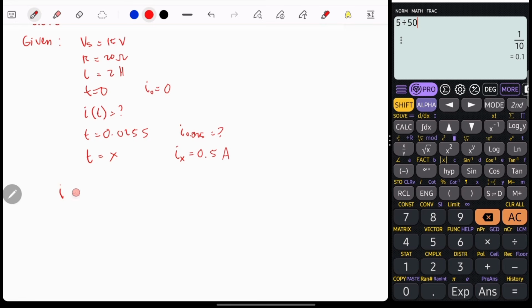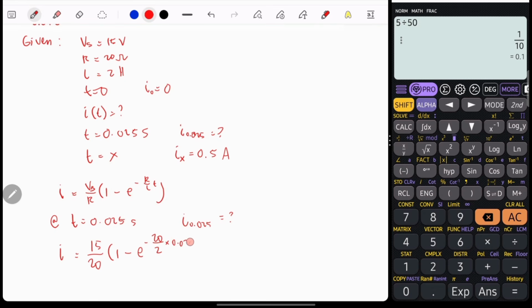So let's apply that to our formula. Our formula is I equals V sub S over R, 1 minus e to the negative R over L times T. So when the time is 0.025 seconds, the current is missing. V sub S is 15, R is 20, L is 2, and the time is 0.025.